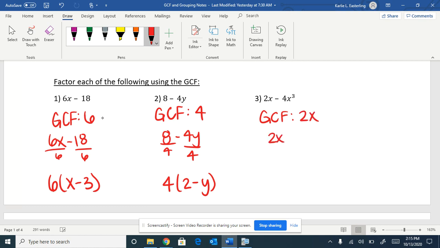So you have 2x minus 4x cubed divided by 2x. 2x divided by 2x is 1, and you have to make sure to remember that 1. Yes, the x's cancel each other, but 2 divided by 2 is still 1. And then 4 divided by 2 is 2, and we will have x squared left.